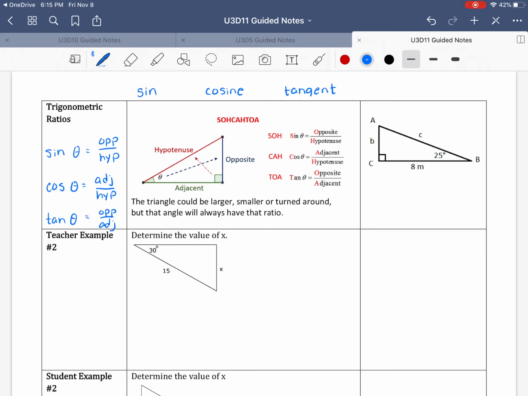So sine is that first S, O is for opposite, H is for hypotenuse, right? So is there, cosine, adjacent, hypotenuse, and then tangent, opposite, adjacent. All right. These are really useful things to have memorized. They come up again in most of your math classes going forward.